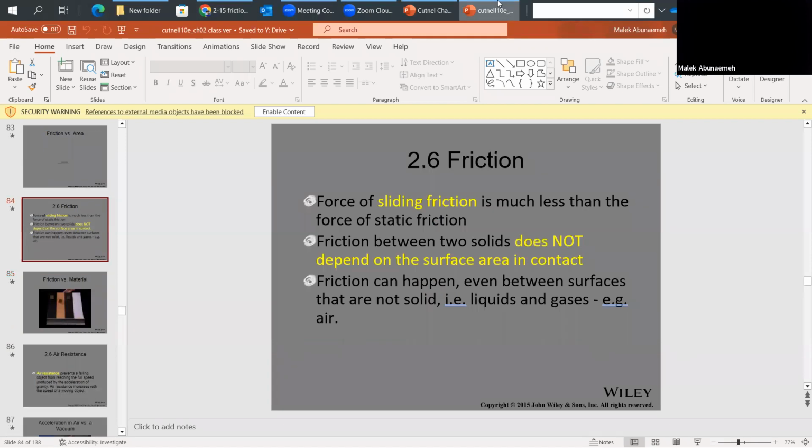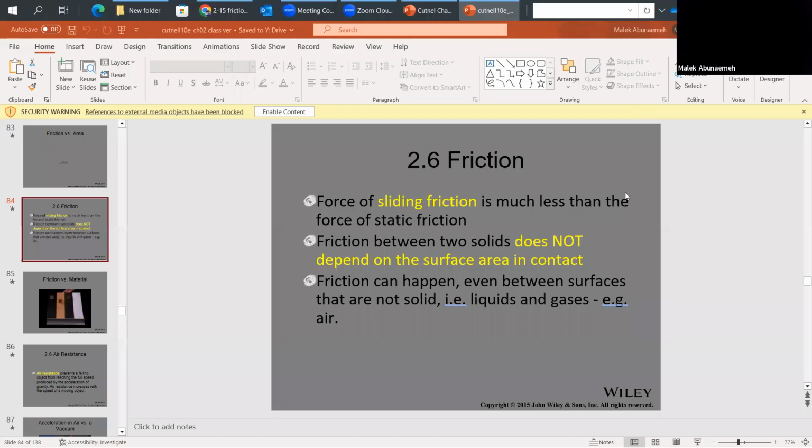So the force of sliding friction is much less than the force of static friction. When you move an object, it's easier once it's already moving. Now, friction between two solids does not depend on the surface area in contact.